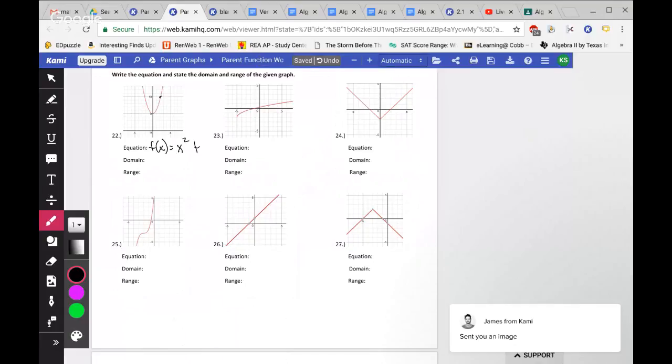Yes. And the domain is negative infinity to infinity, and the range is 5 to infinity. Yes. It is.